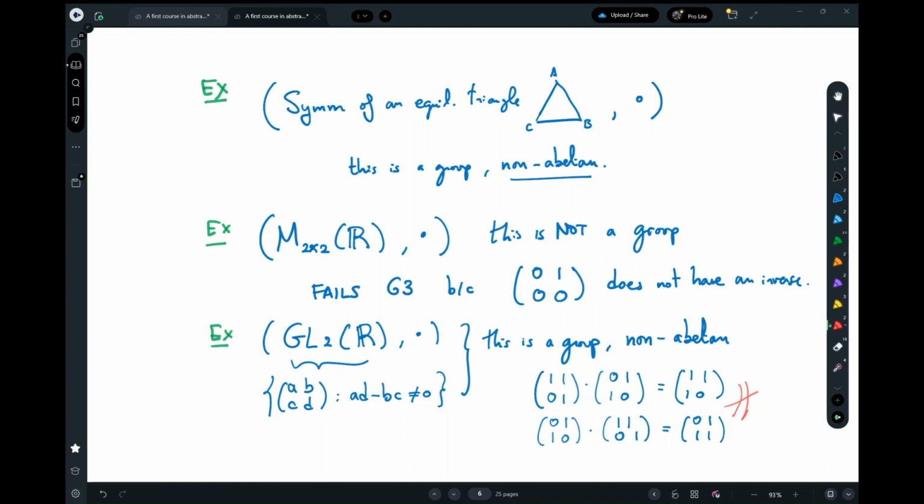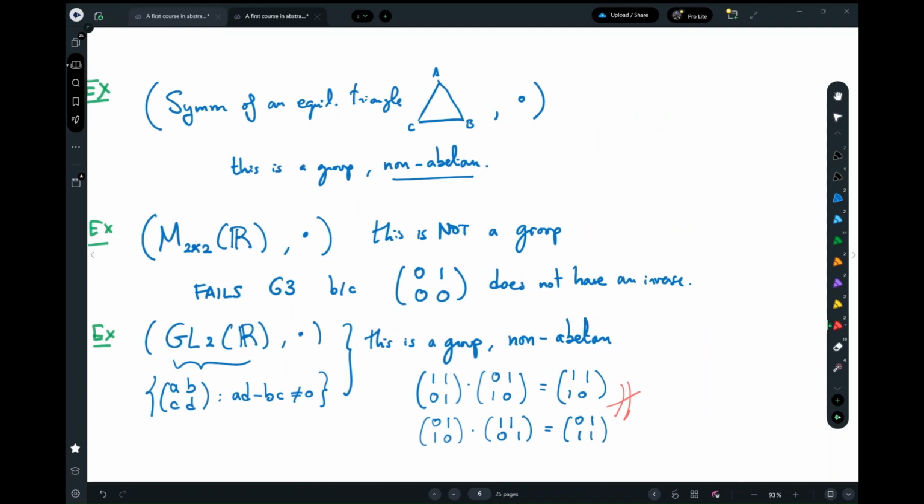Okay, so now it's the step that I mentioned, like how to do abstract algebra. We abstract, then we define something, and then we profit by proving theorems that apply to all groups. So let's prove some theorems.